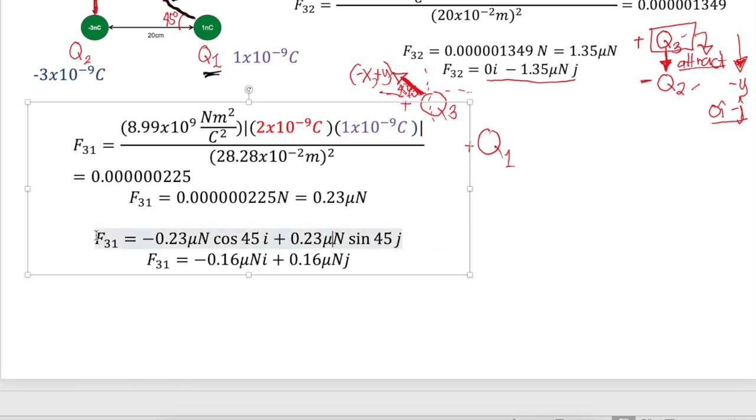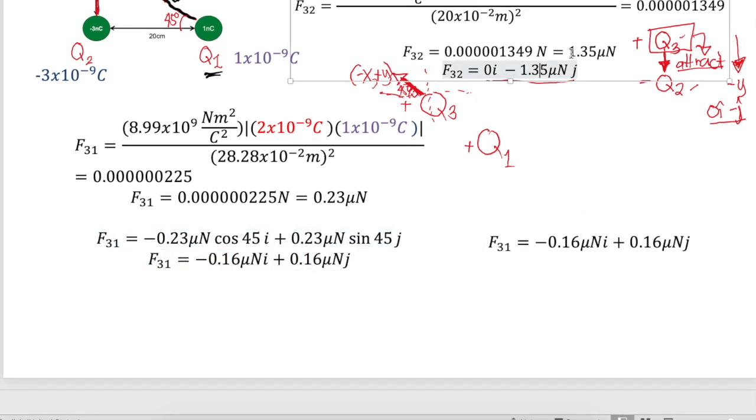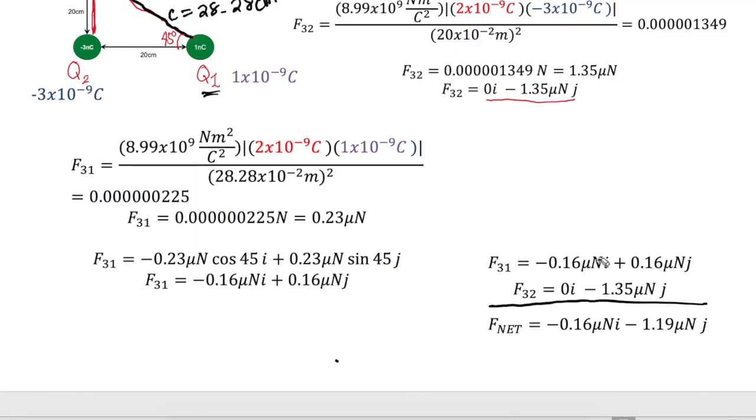But the problem is asking for the net force. The net force is adding the x and y components of the two vectors, the i hat and the j hat of the forces. If we add this one with this one, we have this, and then if we add this and this one, we will have this, and this is our net force in its component form.